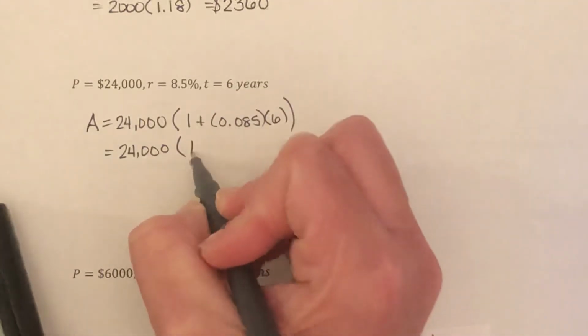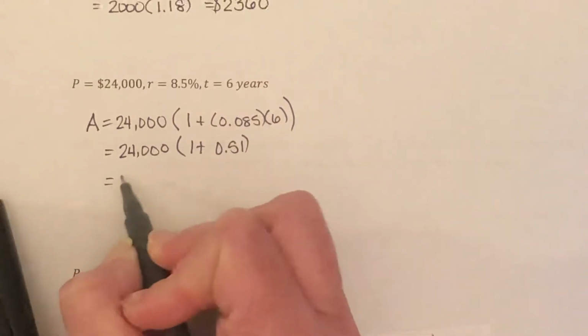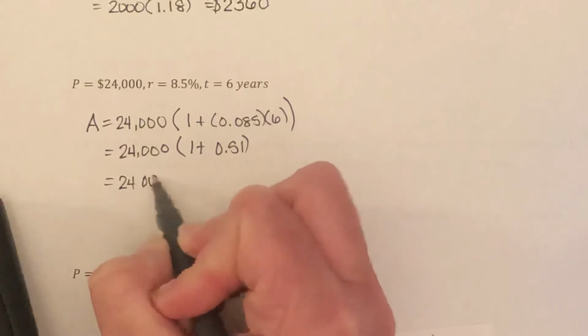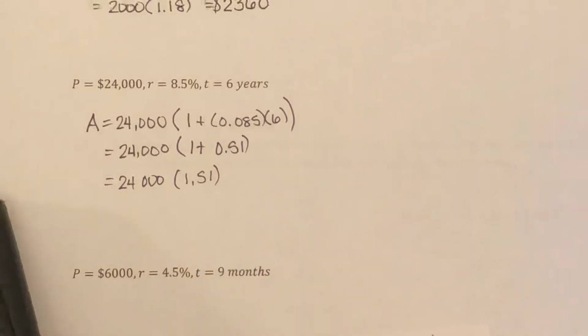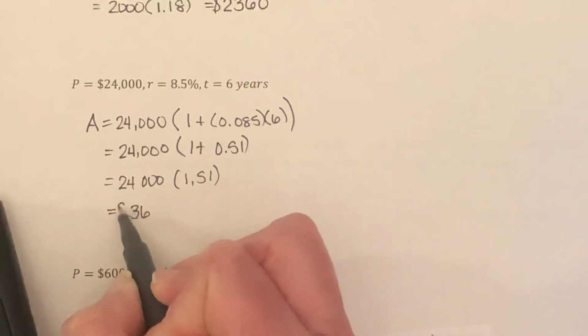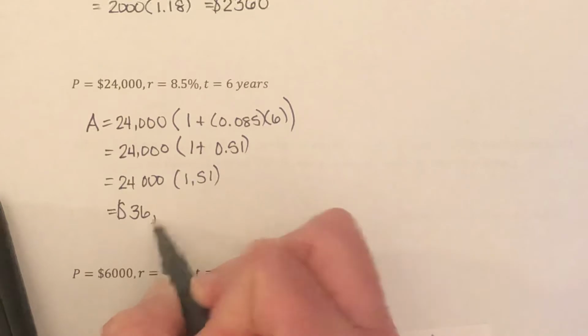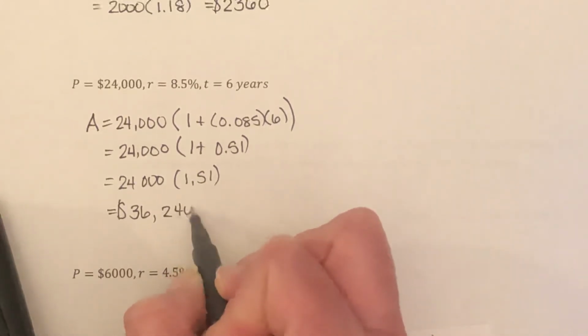So this is 1 plus 0.51, 24,000 times 1.51. And if you multiply this out, you get $36,000 and $36,240.